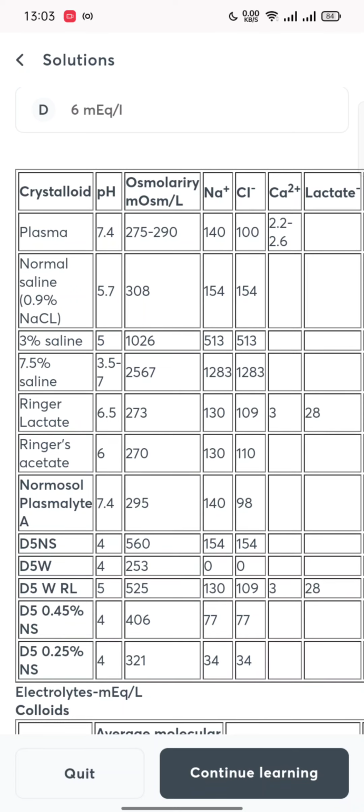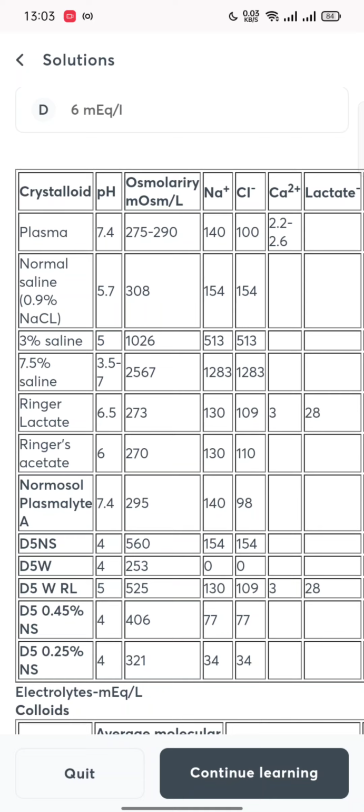In normal saline, 0.9% NaCl, the pH is 5.7, osmolarity 308, and sodium and chloride are both 154. In 3% saline, pH is 5, osmolarity is 1026, and sodium and chloride are both 513.